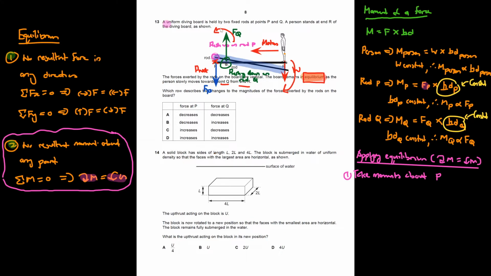So in my case, I can actually say that moment of the person equals moment of Q. Now the thing is this: if my perpendicular distance of the person to the pivot has decreased, that means the moment of the person has dropped, and so would the moment caused by Q. And if you take note of what was written here, if moment Q decreases, so would force FQ. This is for this part.